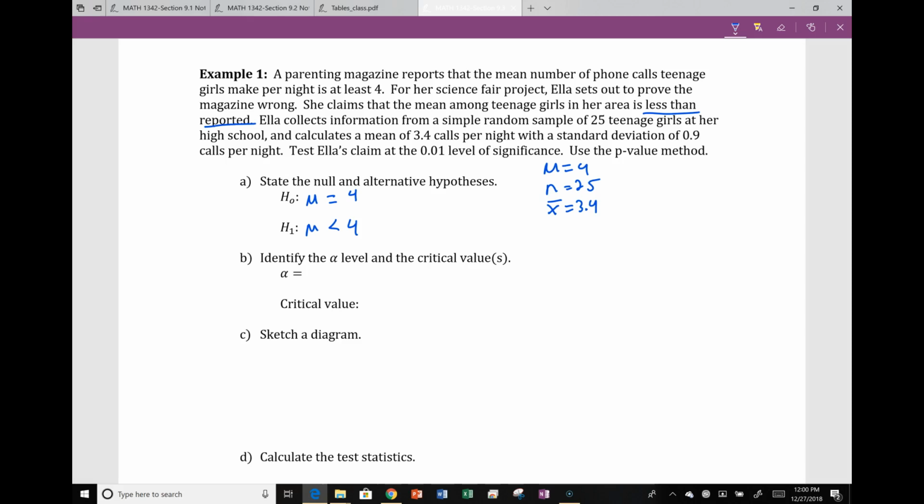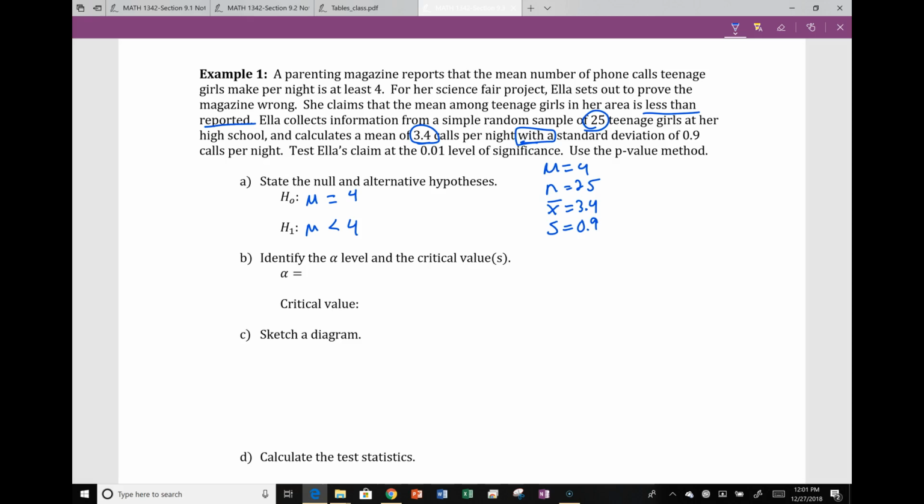It does not tell us this is the population standard deviation or sigma. It just says with a standard deviation. This indicates that these 25 teenage girls, the sample, have this standard deviation. So s is going to be 0.9.